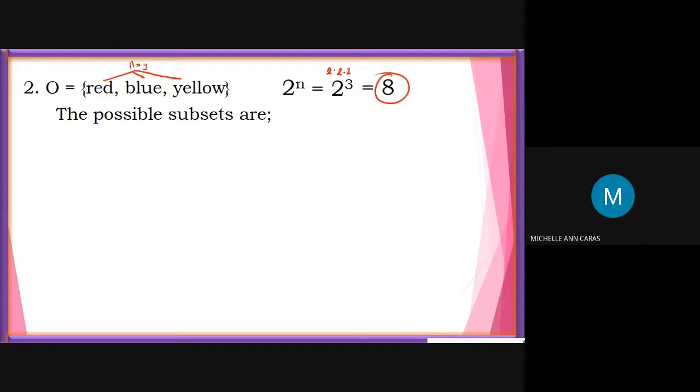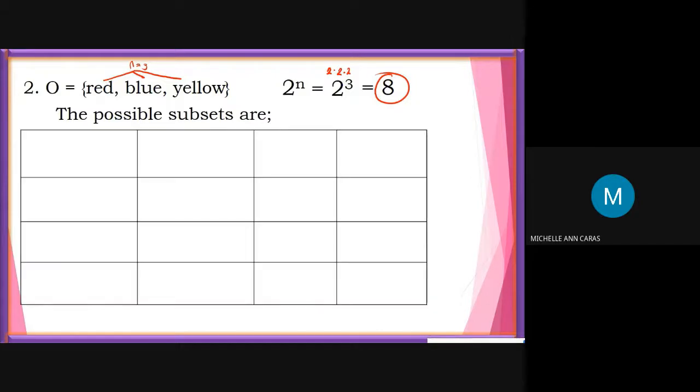What are these 8 possible subsets? First, we're going to have a table. Based on the definition of a subset, every set is a subset of itself. Since set O has three elements, red, blue, and yellow, we have 3 elements.